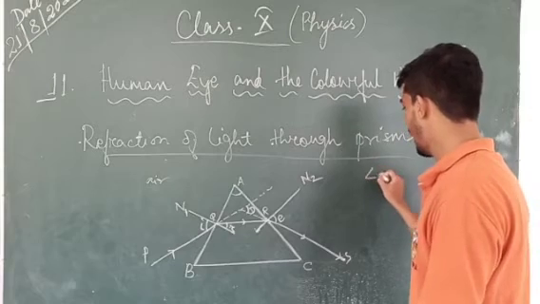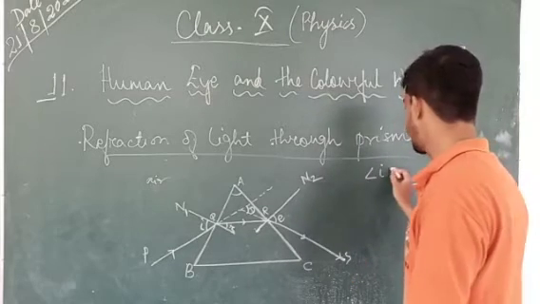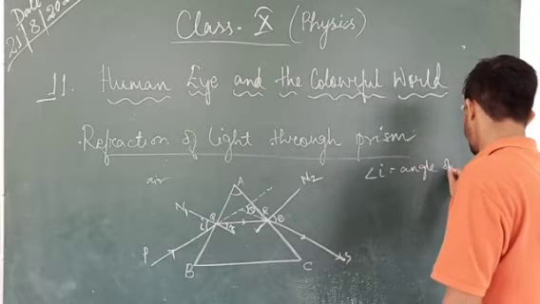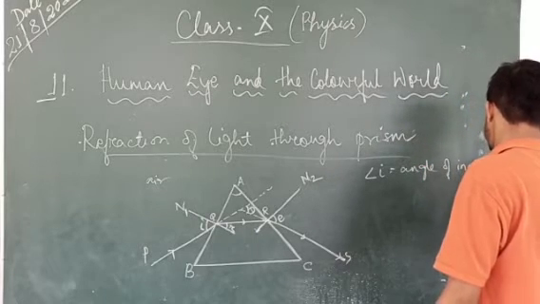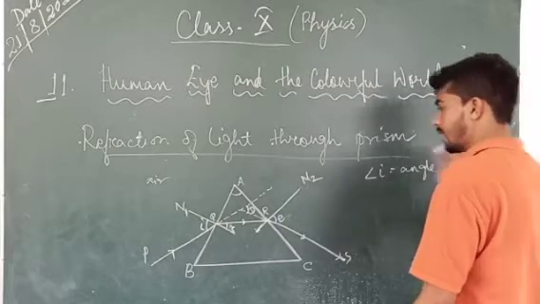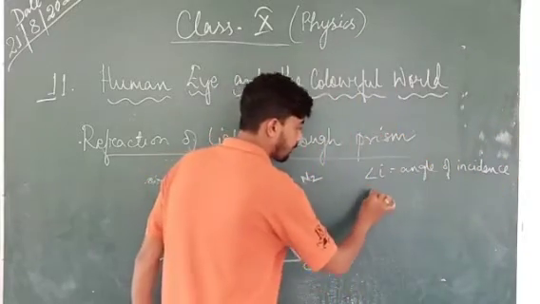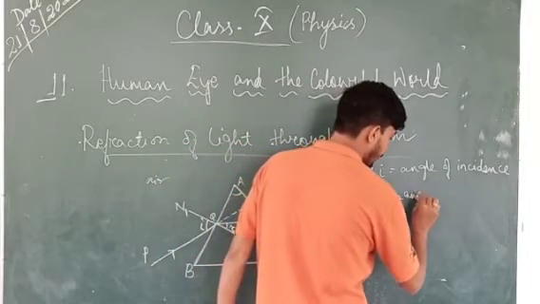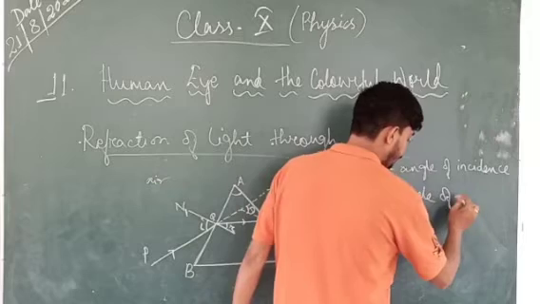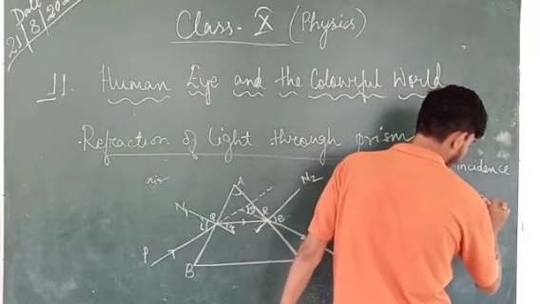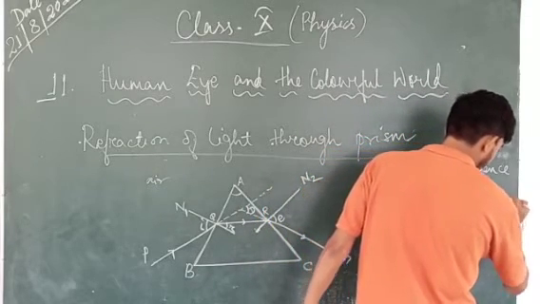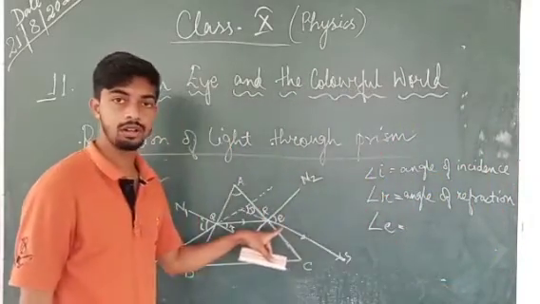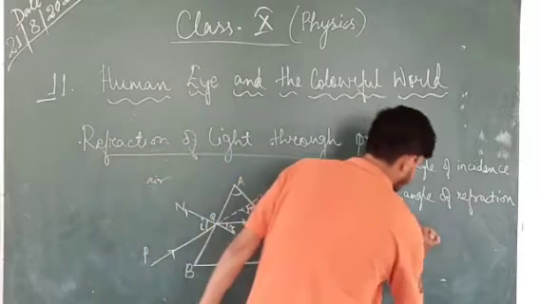First of all, angle I, angle of incidence. Then angle R, angle of refraction. Angle E, which is this one, angle of emergence.